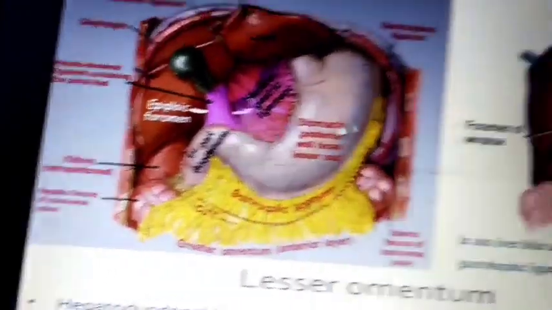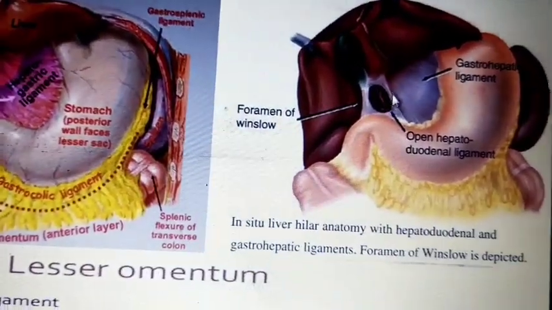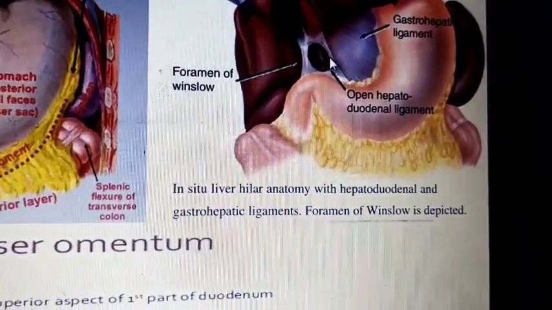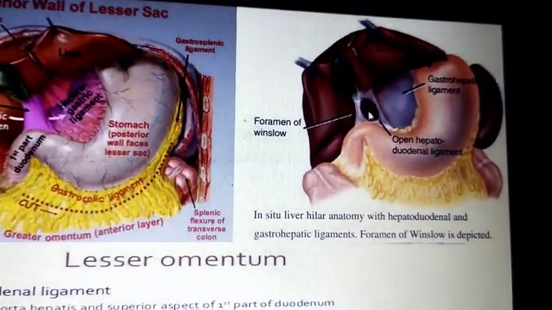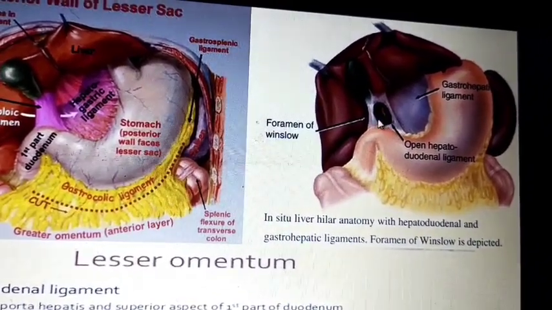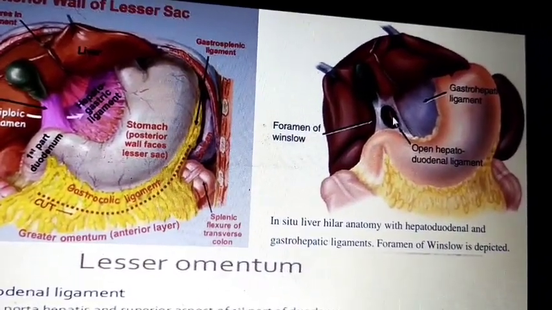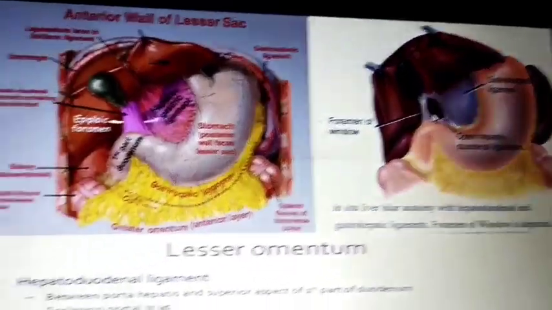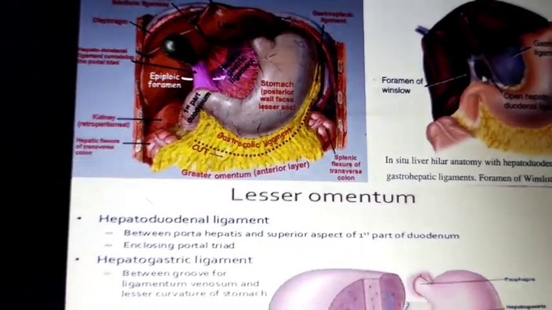You can see here the foramen of Winslow, or epiploic foramen. Here you get the portal triad. Portal triad means portal vein, hepatic artery and bile duct.